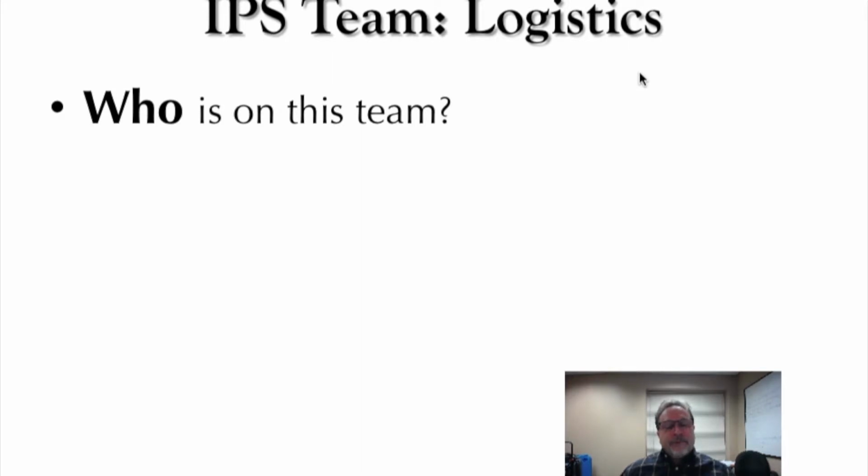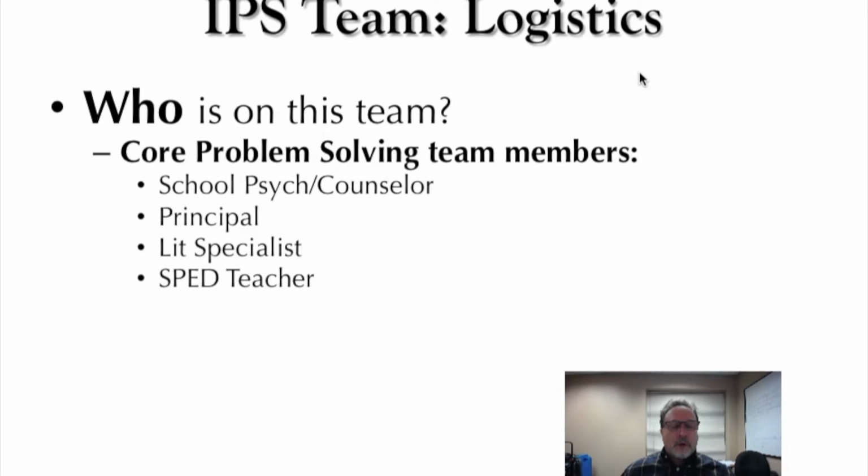All right, so let's now take a little closer look at the team. So who is on the team in an individual problem solving process? We think of core team members and then some additional members as needed. That's because this team is really put together to address the needs of an individual student, and so the players on that team are going to vary.